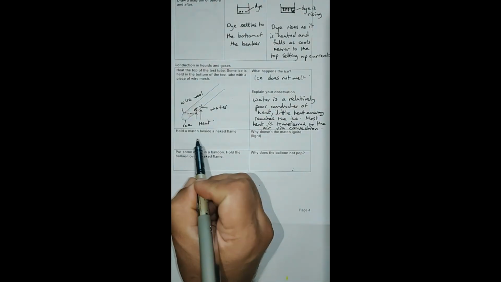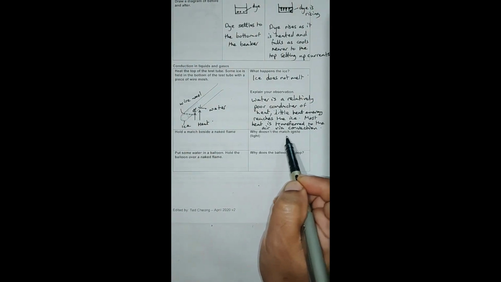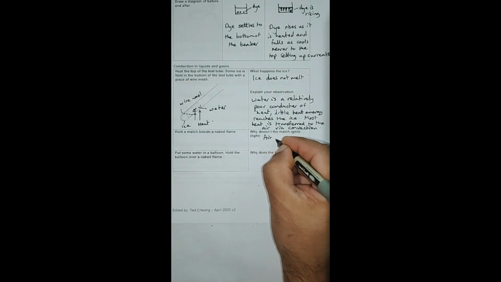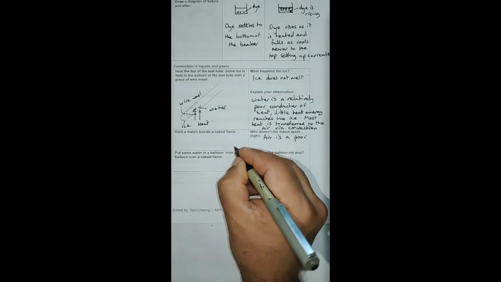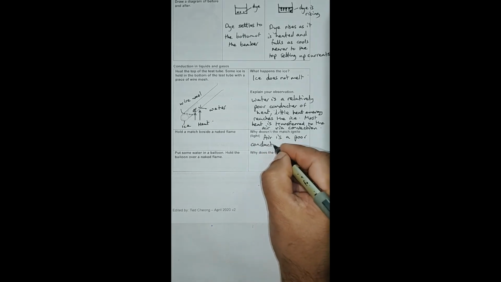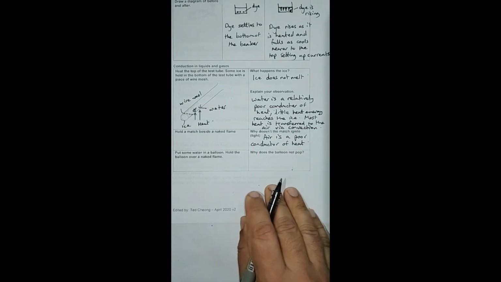The practical that you observed was a match next to a naked flame. The match, you notice, didn't ignite, and the reason it didn't ignite is that air is a poor conductor of heat.